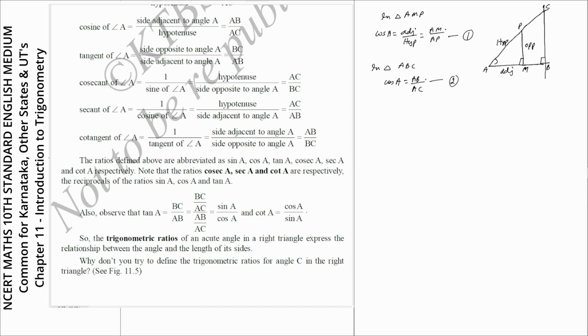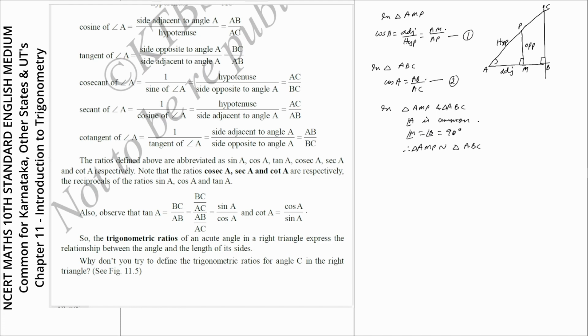Now actually 1 and 2 will be equal, because in triangle AMP and ABC, angle A is common in both triangles, and angle M is equal to angle B, which is equal to 90 degrees. Therefore, triangle AMP is similar to triangle ABC.